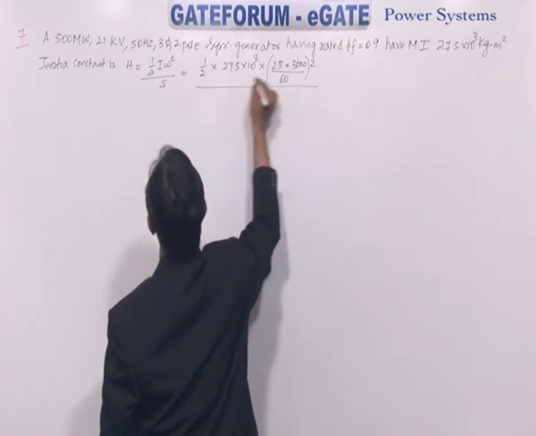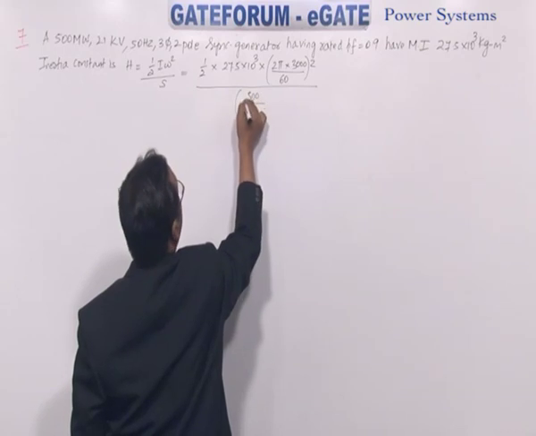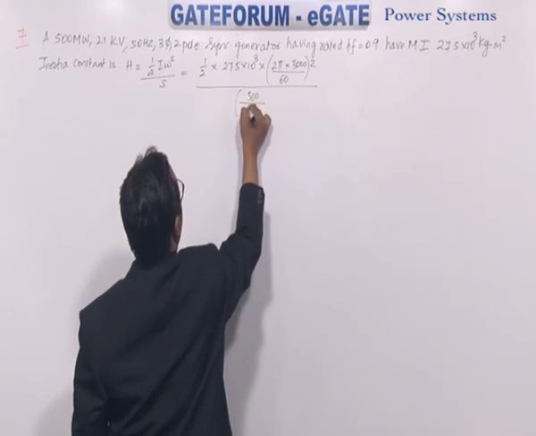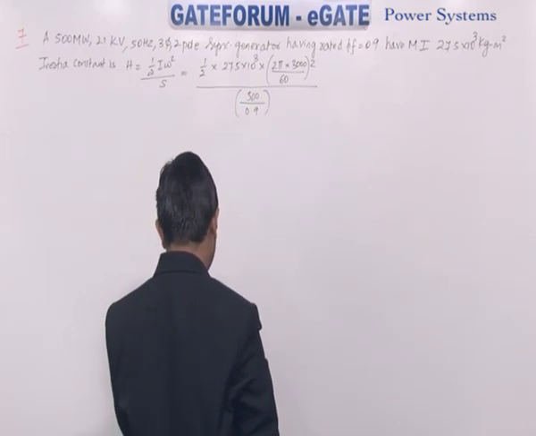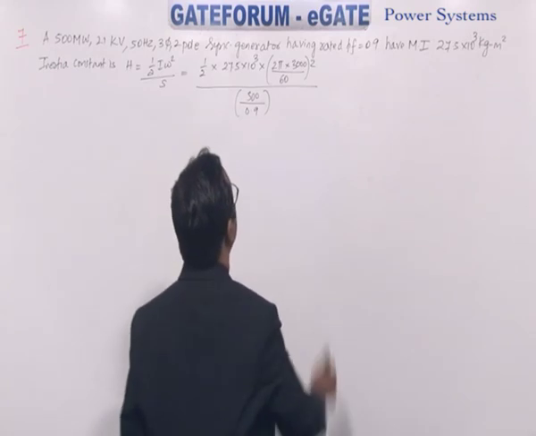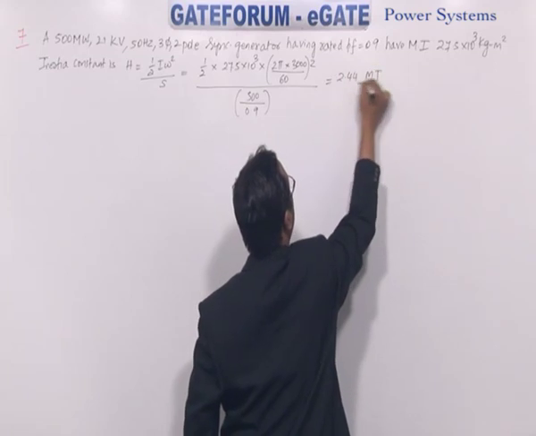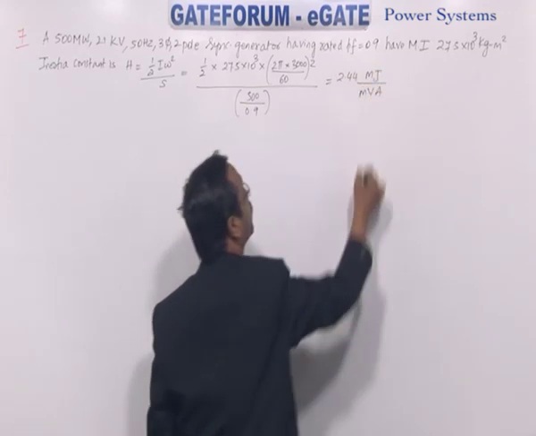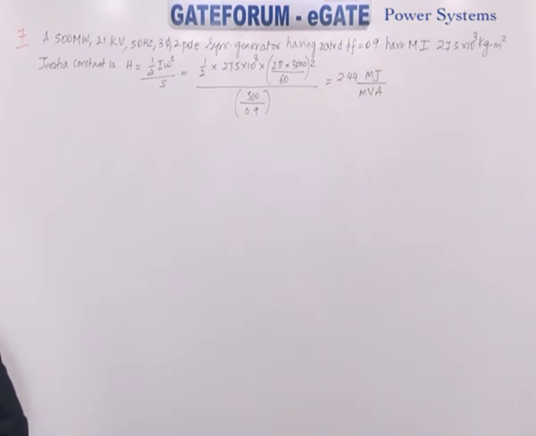The whole divided by S, which is P by cos phi, 500 by power factor 0.9. On simplifying this one you get 2.44 megajoules per MVA.